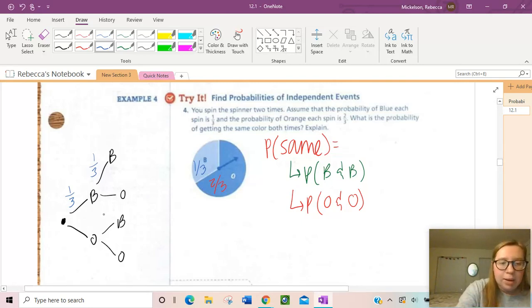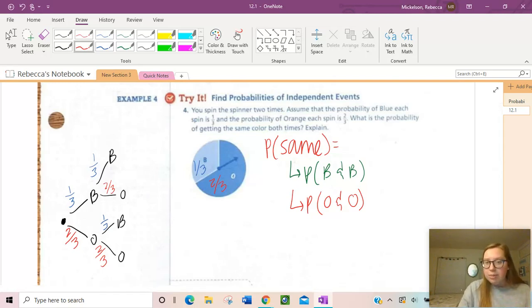And the probability of spinning a blue here is 1/3 as well. Let's label our oranges. The probability of spinning our oranges is 2/3 here, 2/3 here, and 2/3 here. If we were to fill out the same diagram but for flipping heads and tails, we know our probabilities are each 1/2. So we have a 50% chance on each of those branches.